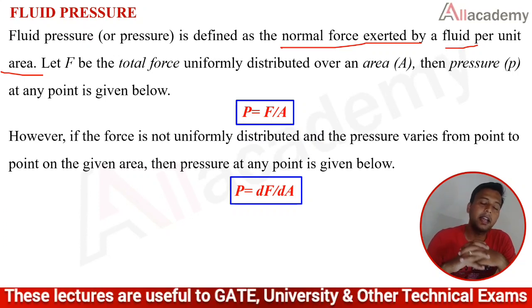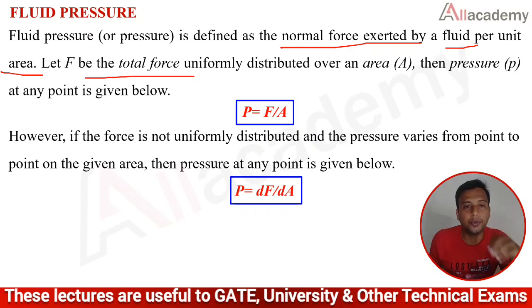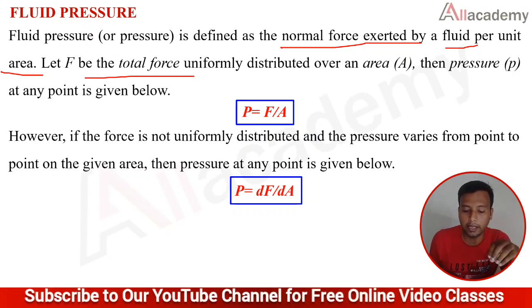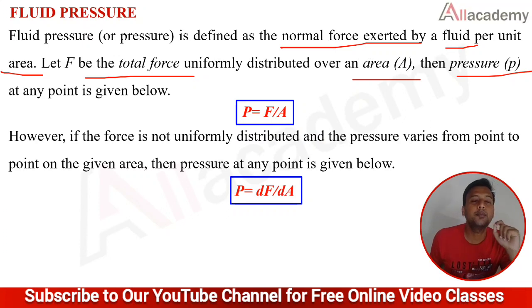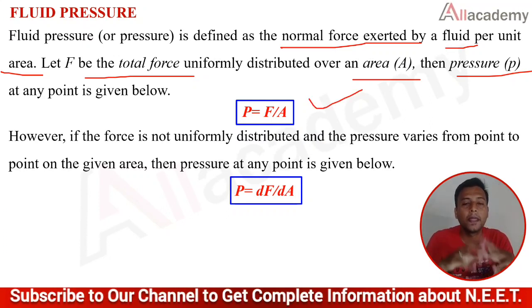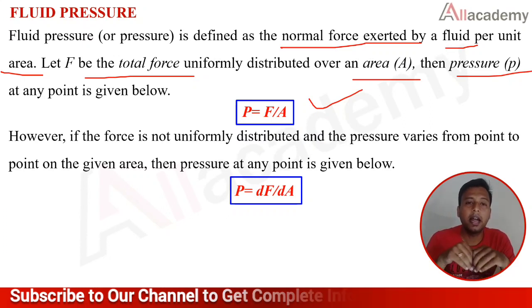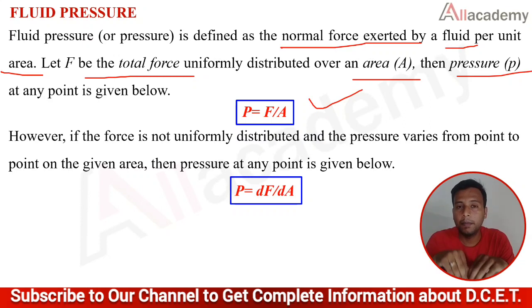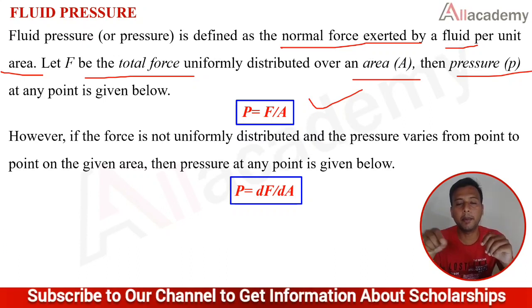Let us consider F as a total force which is uniformly distributed over an area A. Then the pressure at any point is given by the equation P equals F by A, where F is in Newton and area is in meter square or in mm square. So the unit of pressure becomes Newton per mm square or Newton per meter square.